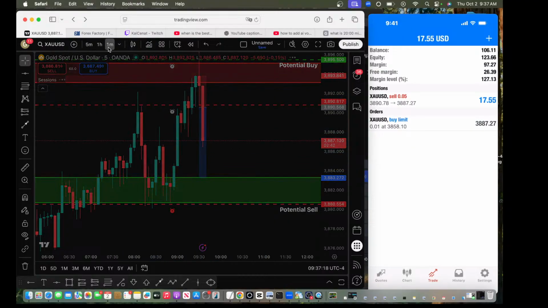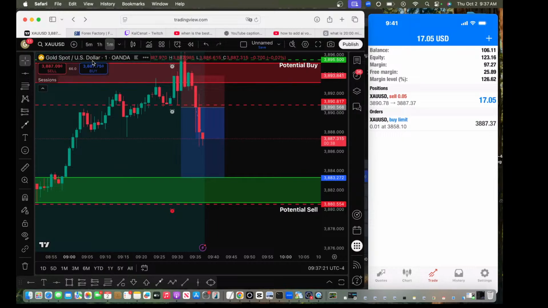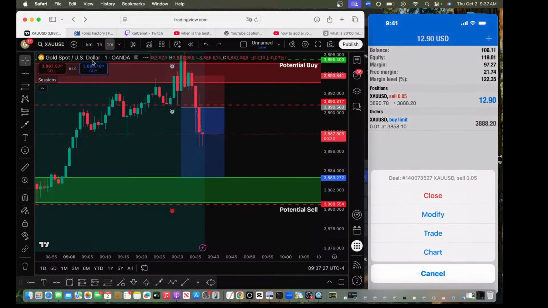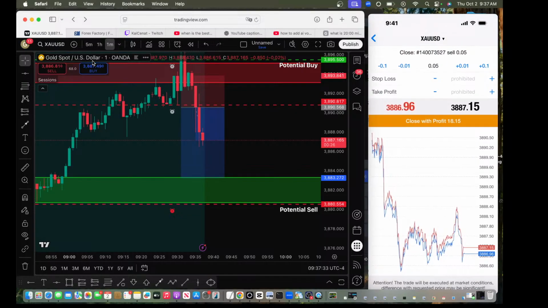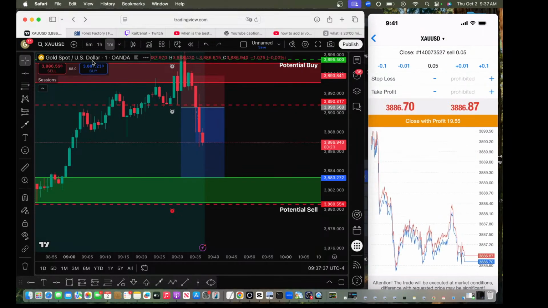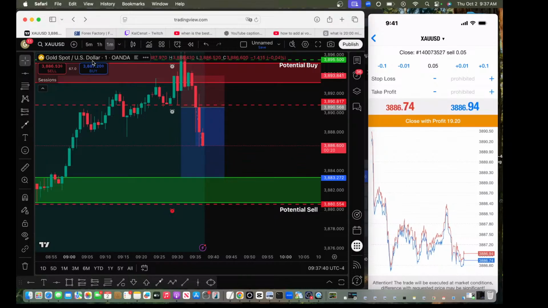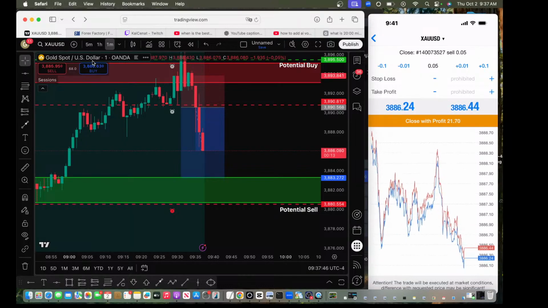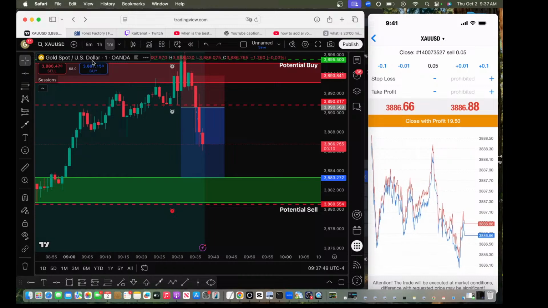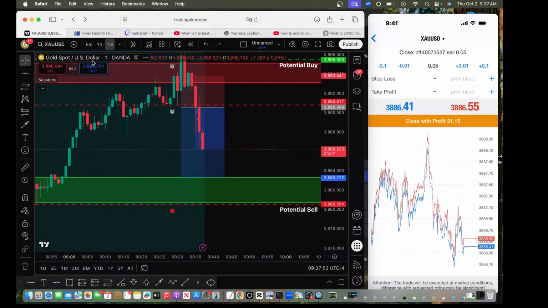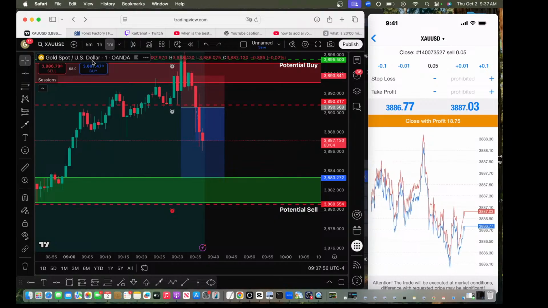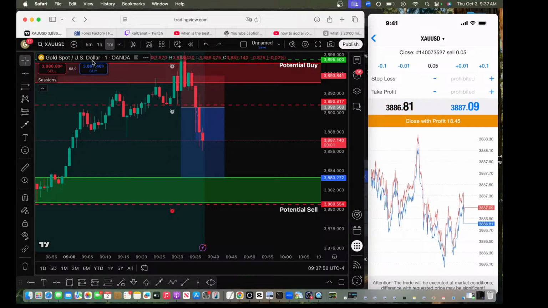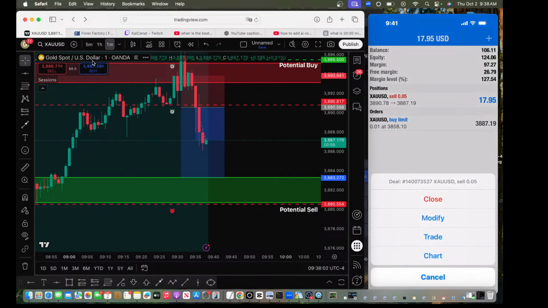So I technically could take that trade all the way down there. How much was that? Oh, I need $24 to get back to where I was at.